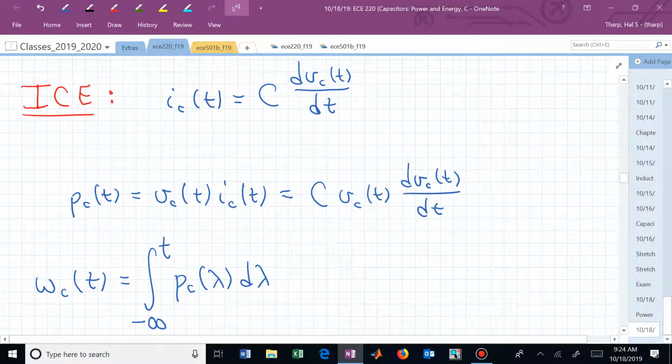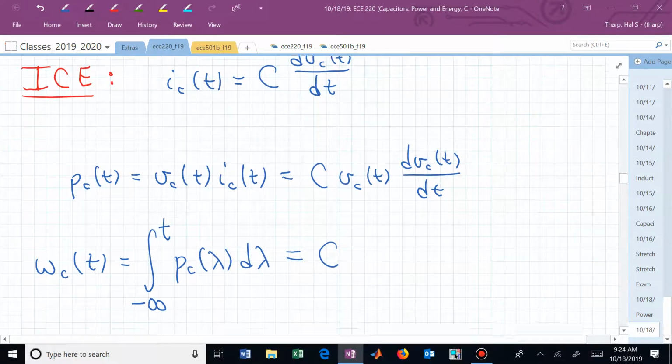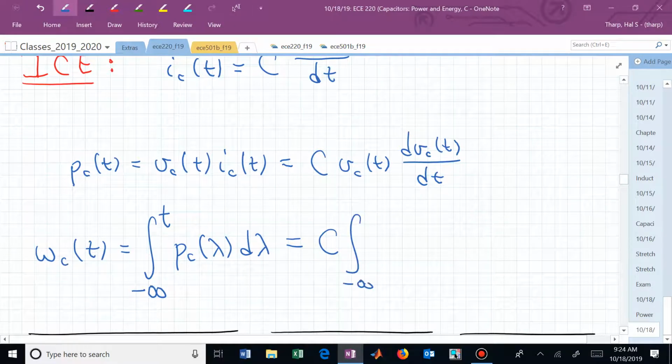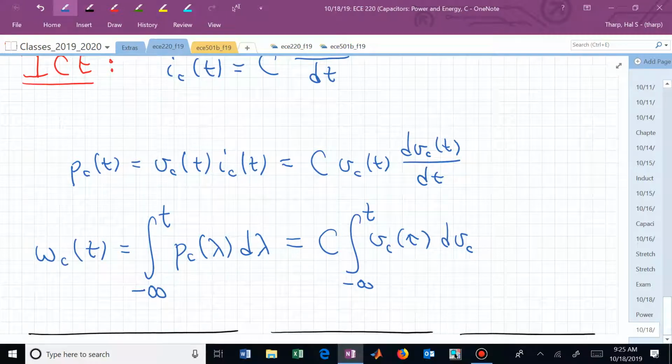And if we now integrate power over time, here we're assuming the capacitance is constant, from minus infinity to infinity of V sub C of tau dV sub C. The d tau was d time, and we canceled the dt underneath the dV sub C. Now we have this integral of x dx, that's 1/2 x squared.